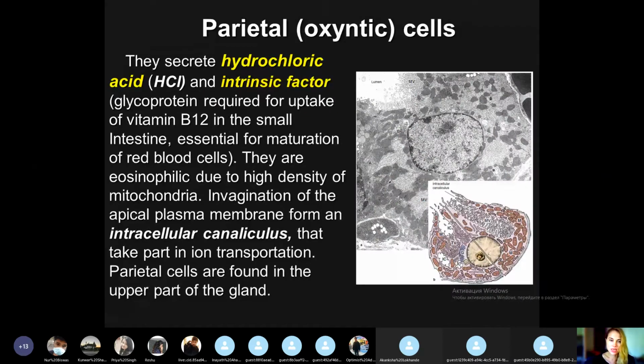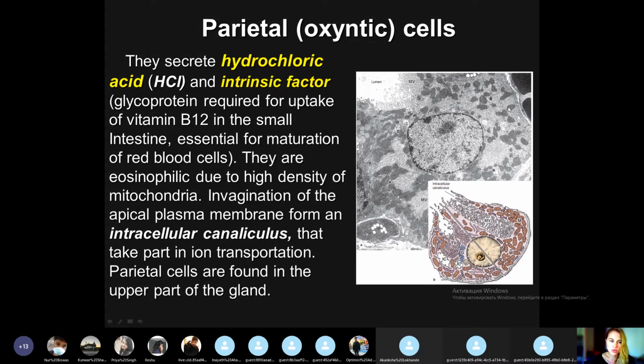Other cells, also important in the stomach, are called parietal cells. These cells produce hydrochloric acid, which provides the low pH of the gastric juice, and intrinsic factor.